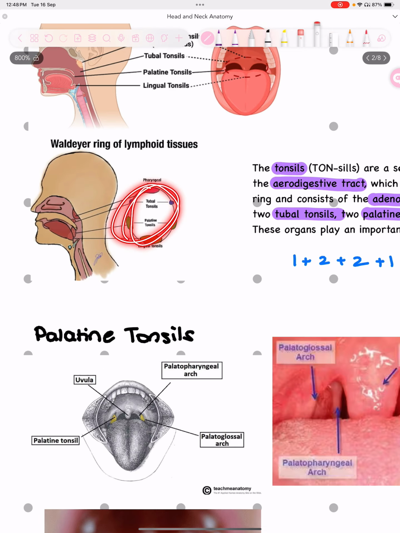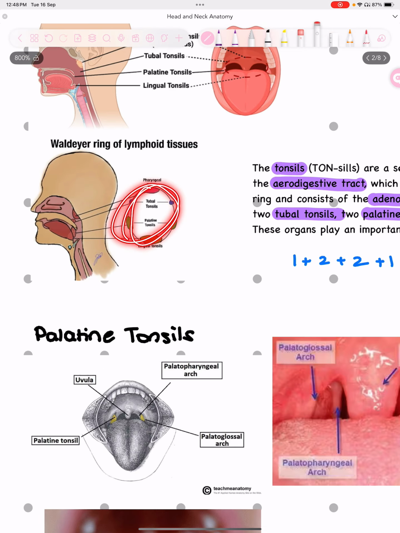Here you can see in this diagram, the one in front is the palatoglossal arch. The one at the back is the palatopharyngeal arch. This is the uvula, and then right in the middle you'll see there is the palatine fossa or tonsillar fossa. In that you'll have the palatine tonsil.